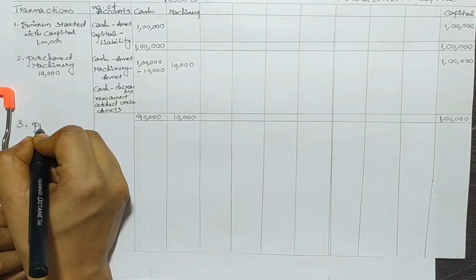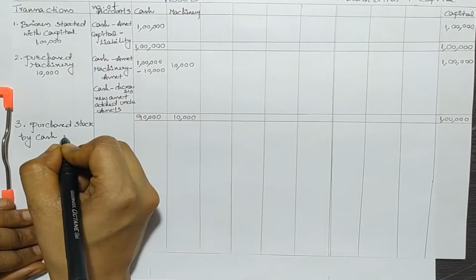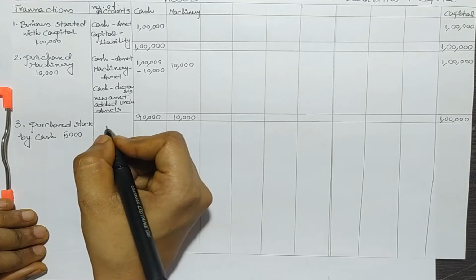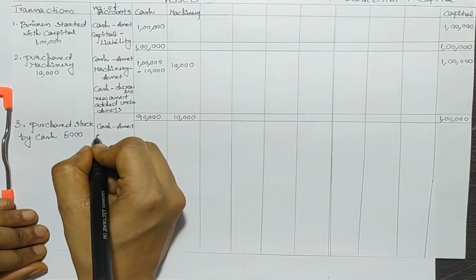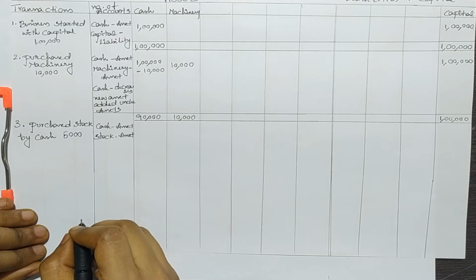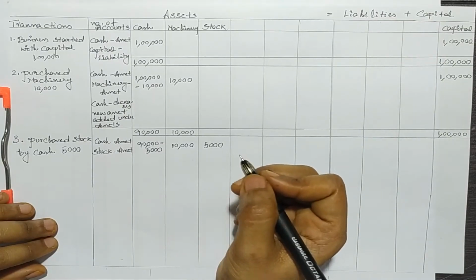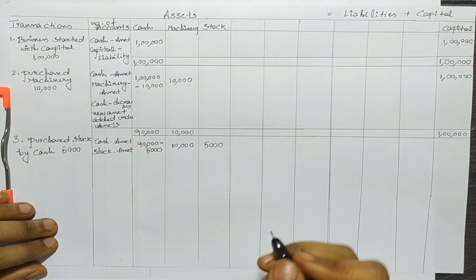Our next transaction is purchase stock by cash 5,000. This transaction affects two accounts, that is cash and stock. Here also we are purchasing stock with the available cash. So cash decreases and we will add an extra column for stock under assets because stock is also an asset.